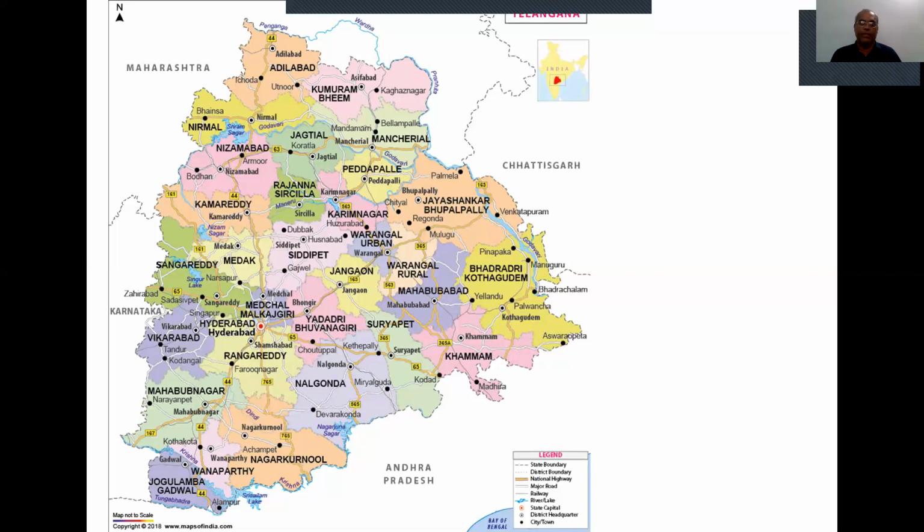And before going into the details of these sources, we will discuss it at length when we are trying to take up the history of Satavahanas, where we'll again have to study the sources. So instead of duplicating, I'll put all the details of the sources when we are dealing with the Telangana history.